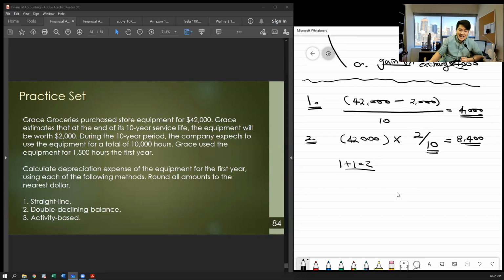But what do accounting professionals use mostly, Professor? Straight line method. Very easy. It doesn't have any bias to it. So most companies use the straight line method. The double declining method is mostly for tax purposes. But again, literally almost all companies elect a straight line method.